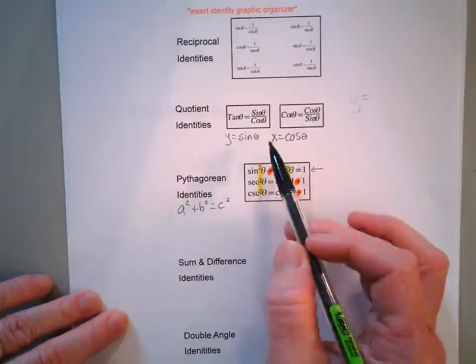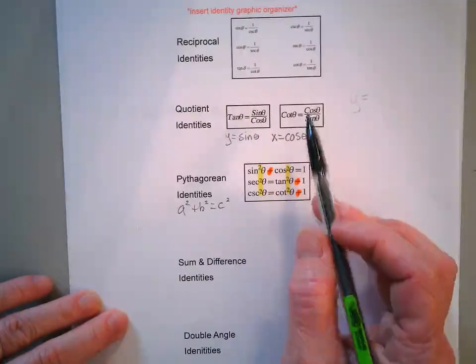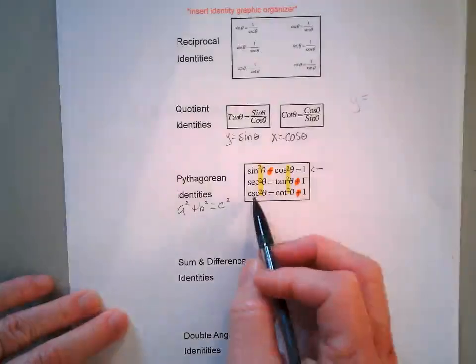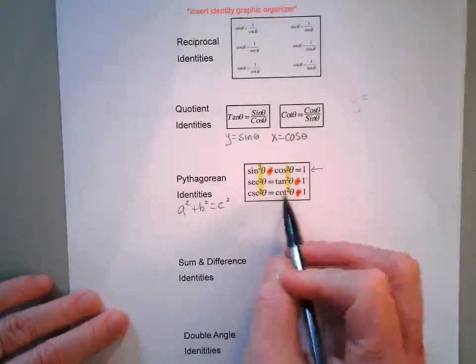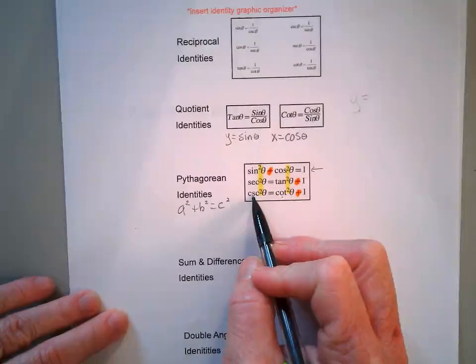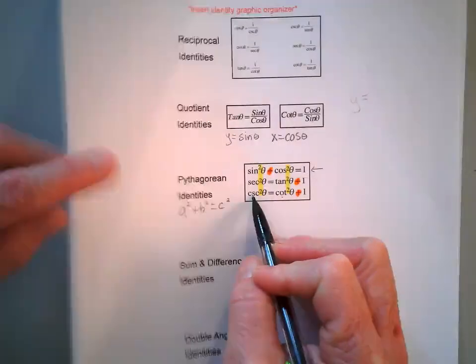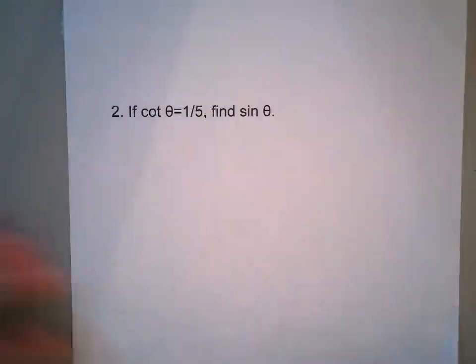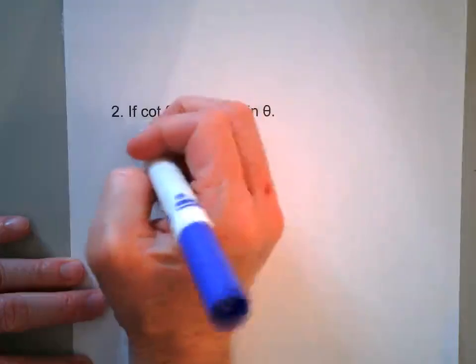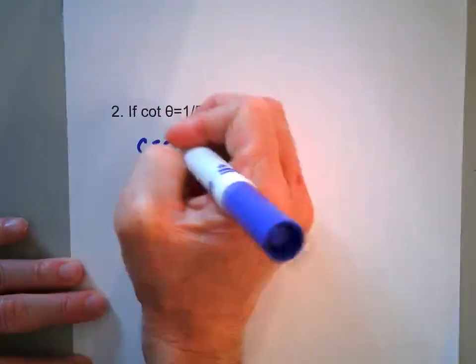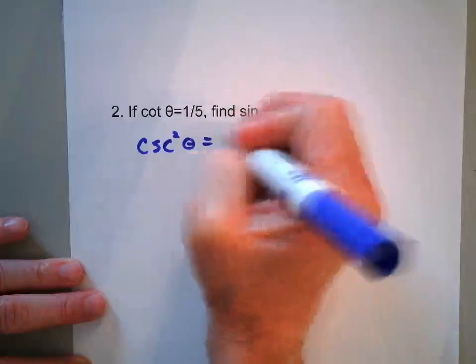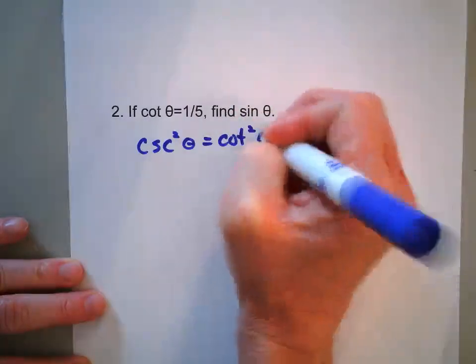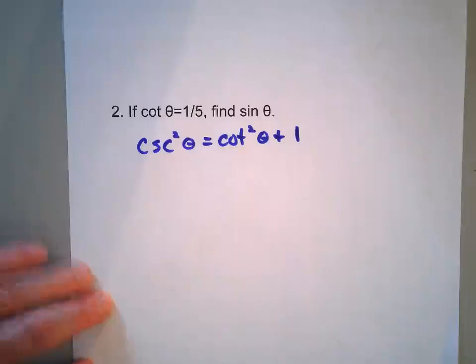You can't use this one because of the cosine. So we have to come down here to where cosecant and cotangent is, because everybody's supposed to know that cosecant comes from sine. Keep those identities close. Cosecant squared theta equals cotangent squared theta plus 1.